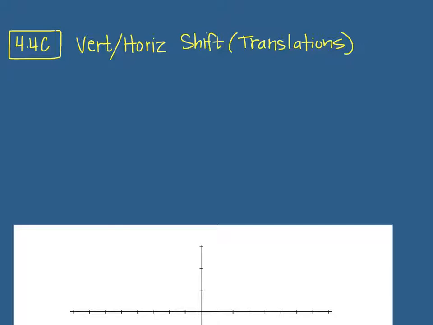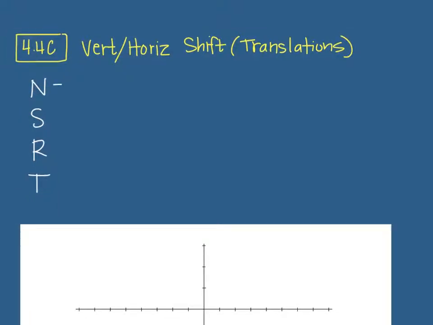And so this goes back to what we were learning when we very first learned how to do graphs. We learned the acronym INSERT. Okay, N is you first have to learn how to do a normal graph. So on the very first day of this unit, we learned how to do normal sine and cosine. Okay, then S stands for a stretch, which affects the scale.